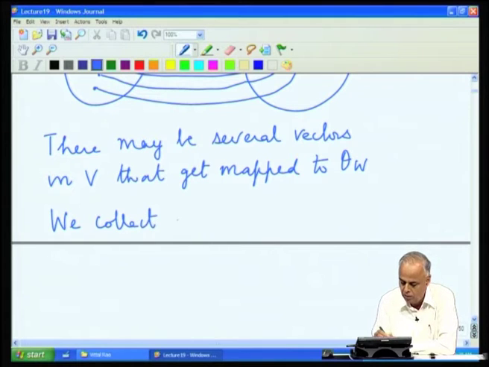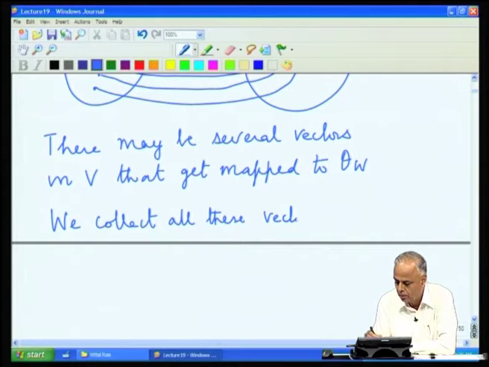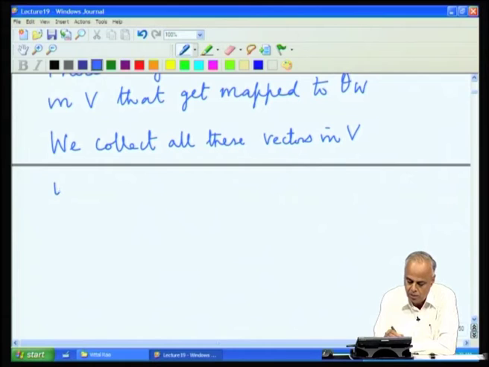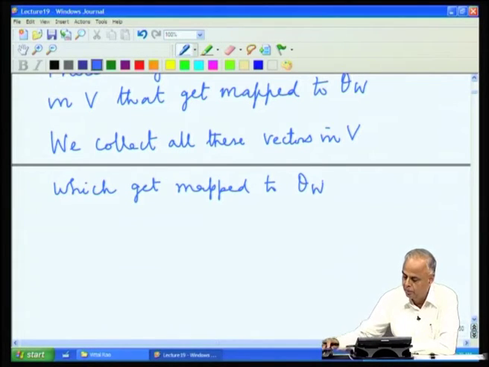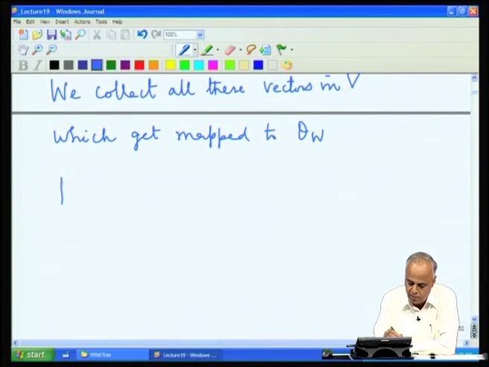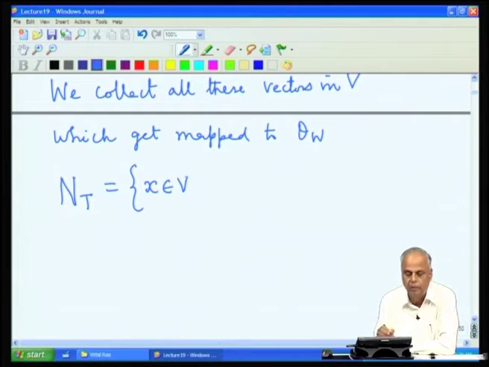We collect all these vectors in V which get mapped to the 0 vector under the map T. So, we denote this collection by N(T). So, N(T) is the collection of all the vectors in V such that they get mapped to the 0 vector.